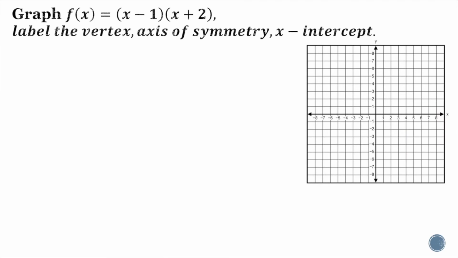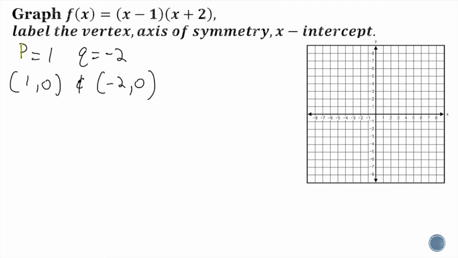So the easiest first step would be to identify the x-intercepts, in which case p is equal to 1, q is equal to negative 2, which means that my intercepts are (1, 0) and (-2, 0).